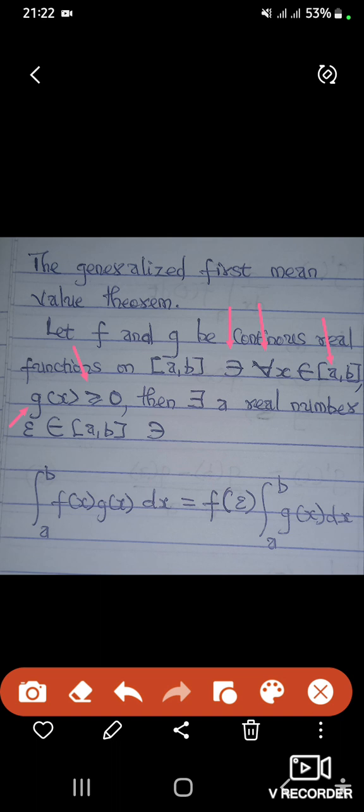Then if we have such a condition, then there exists, this is the symbol for "there exists", a real number. Let's call the number epsilon. Then there exists a real number epsilon, which is also in this interval, such that this integral holds.